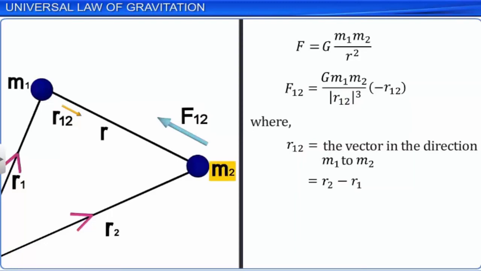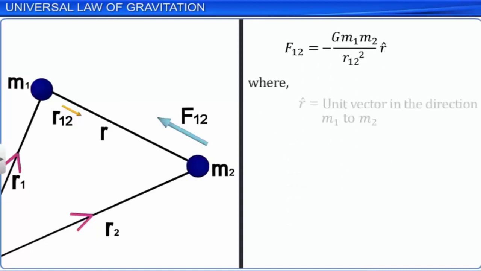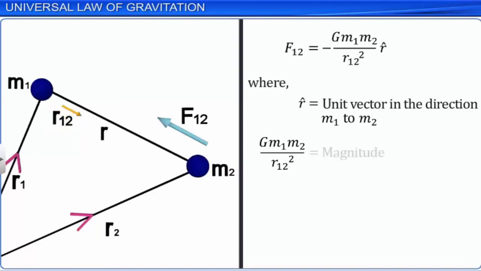Thus, the same expression can be written as F12 is equal to minus G m1 m2 by r12 square into r cap, where r cap is the unit vector in the direction m1 to m2. In this expression, the quantity G m1 m2 by r12 square is the magnitude of the force and can be denoted as modulus of F12.